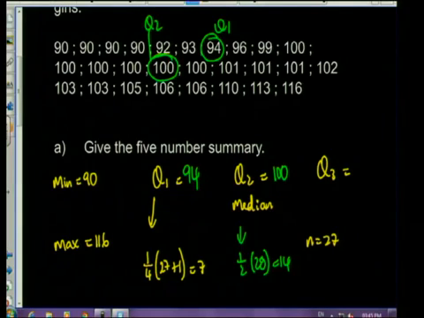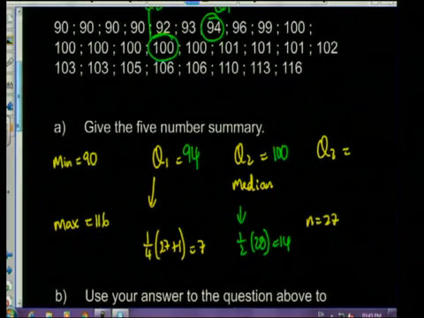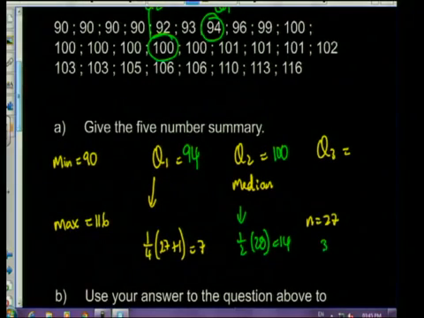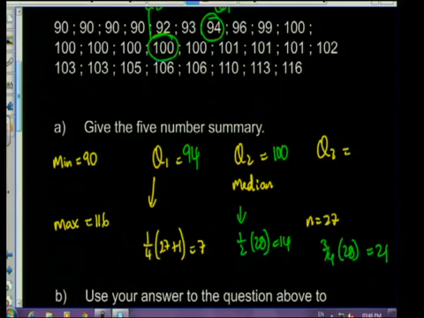And of course, hopefully by now you'd know, we'll go another 7, because you're going up in 7s to divide your data. But again, if I played around and I said, what would 3/4 of 28 give you? Well, 3/4 of 28 is 21. Find the 21st value, but I'm just going to count another 7. 1, 2, 3, 4, 5, 6, 7. And so over there is my Q3, which is 103.